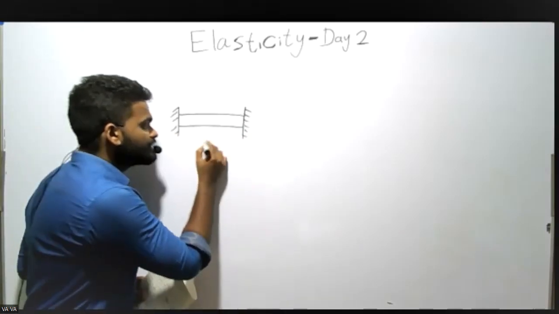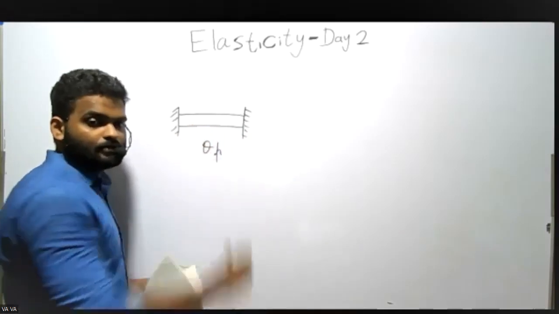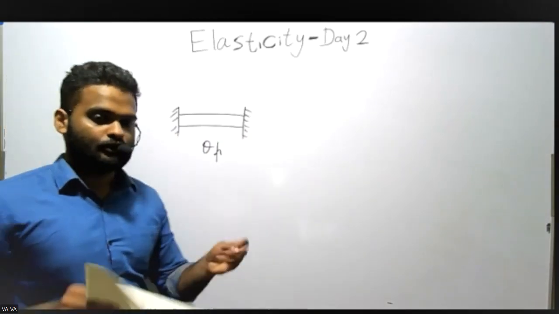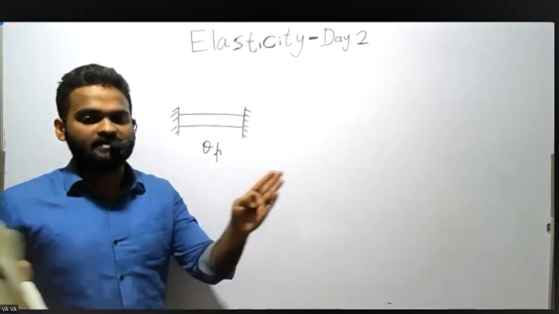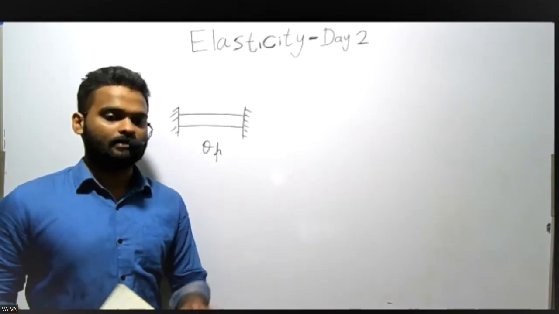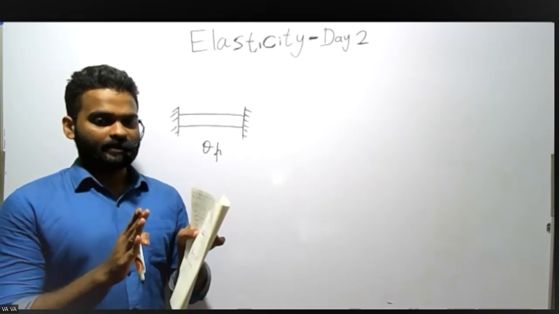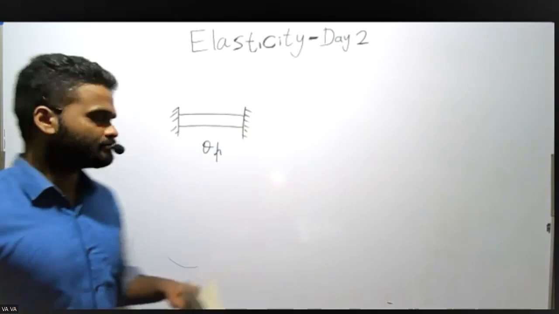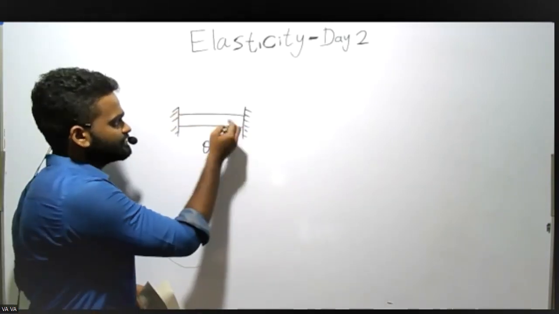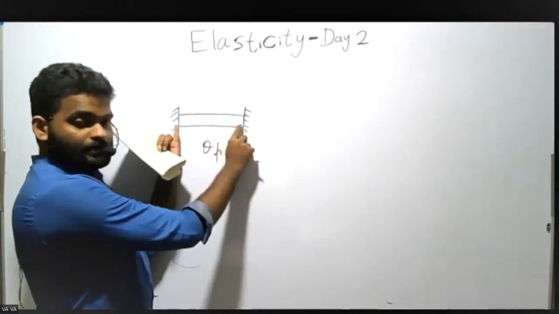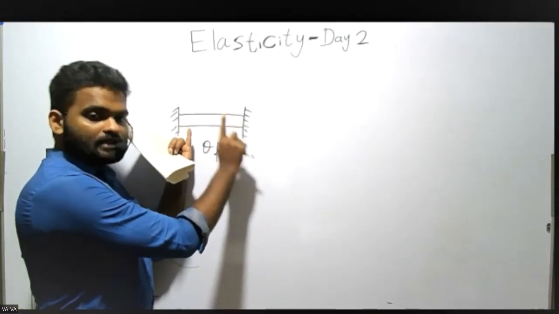So when you increase the temperature of this rod, what happens? When you increase the temperature of something, usually that thing expands. I think you learned that in O levels. Here, this rod is trying to expand, but it is not allowed.